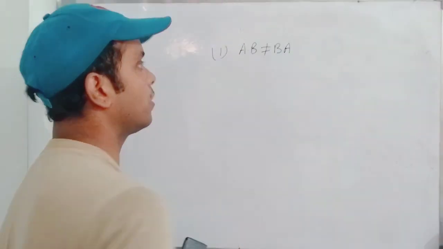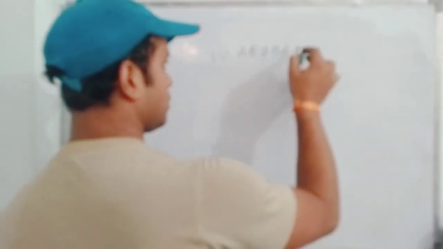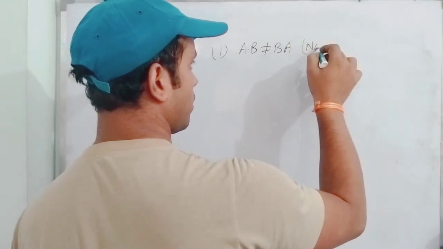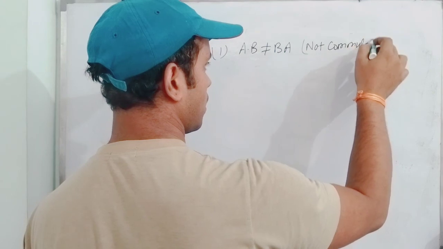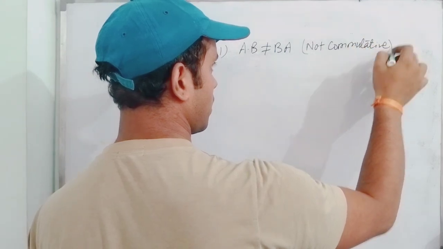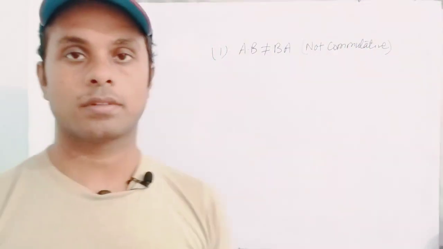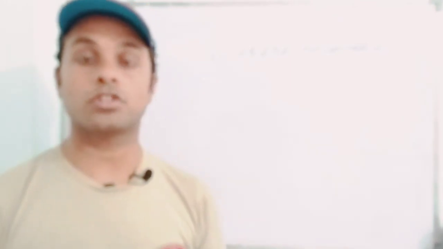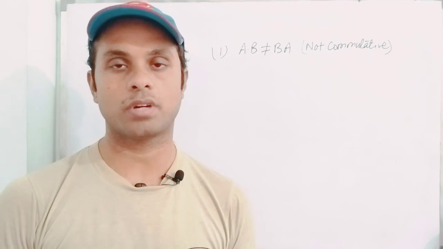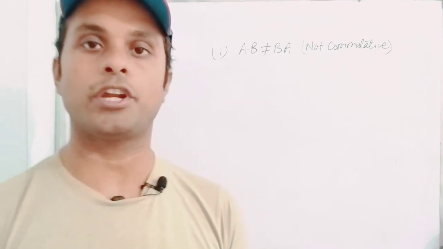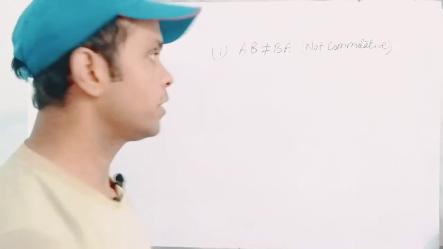This is the first point. But in some important cases, multiplication is commutative. But what are the conditions?